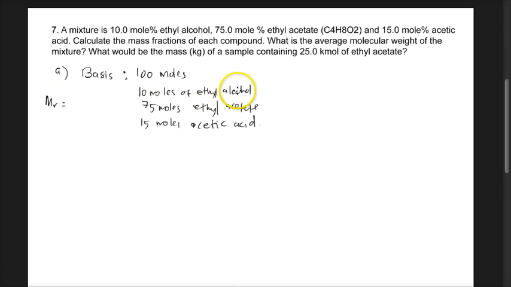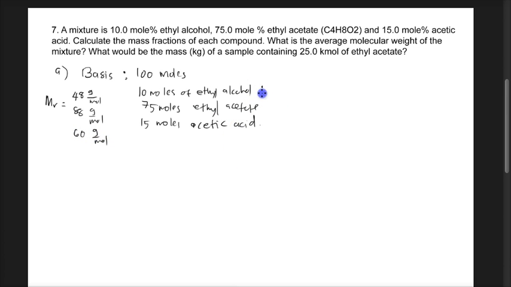So ethyl alcohol, which is typically ethanol, has a molecular weight of 48 grams per mole, and then ethyl acetate is 88 grams per mole, and the last one, acetic acid, is 60 grams per mole.